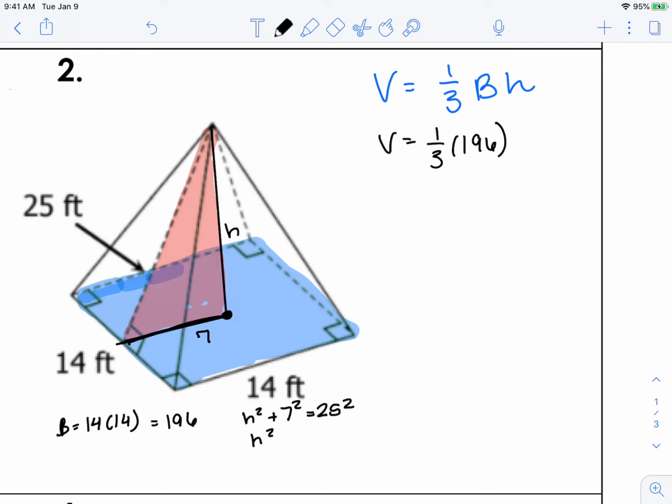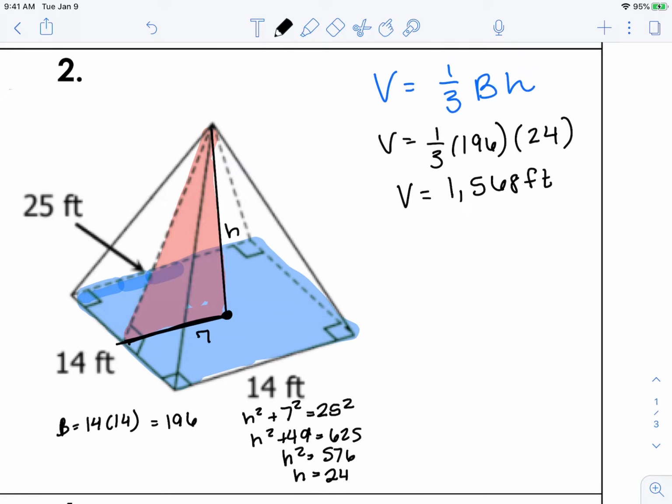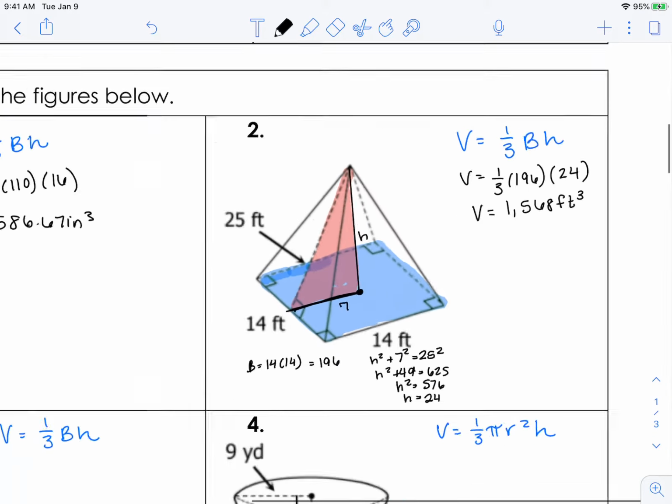So I get h squared plus 49 is equal to 625. So h squared is equal to 576. So h is going to equal 24. So that is my height. Finally, I can plug that into my calculator, and I get 1,568 feet cubed. Okay, now don't forget volume is cubed and not squared.